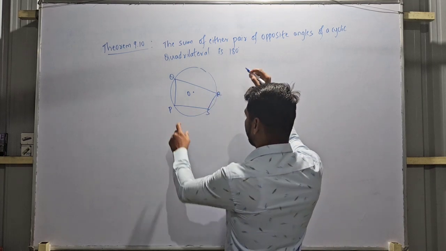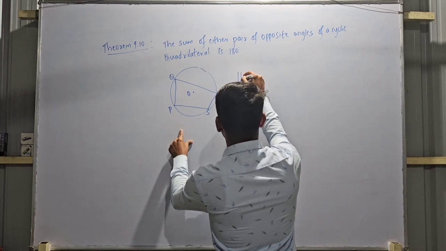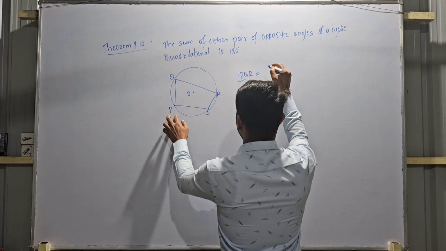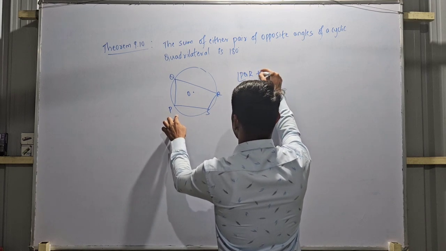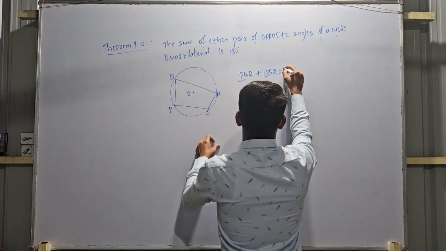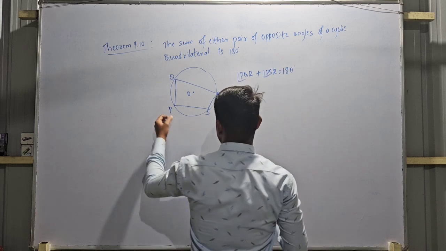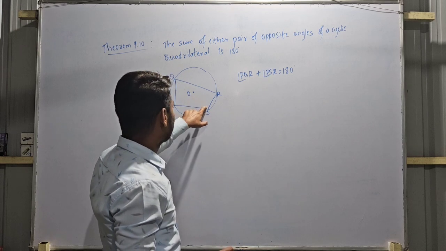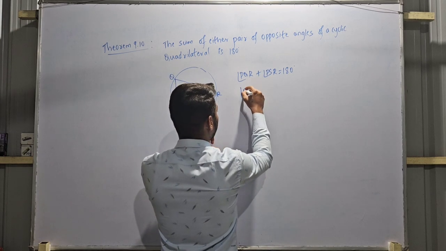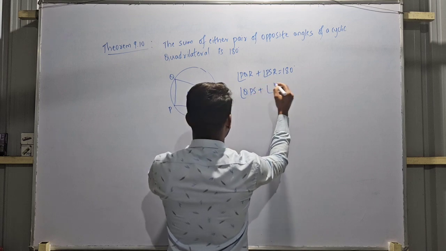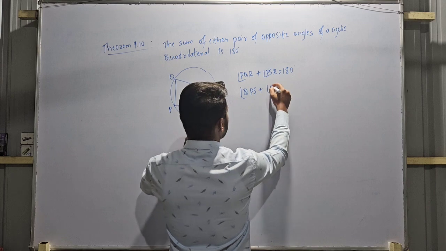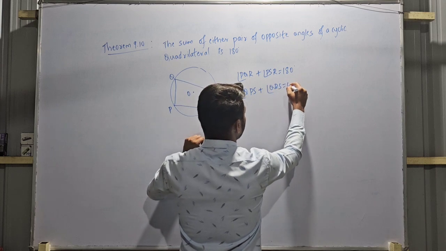So angle PQR plus angle PSR is equal to 180 degrees. Another pair of opposite angles is angle QPS plus angle QRS, which must be 180 degrees.